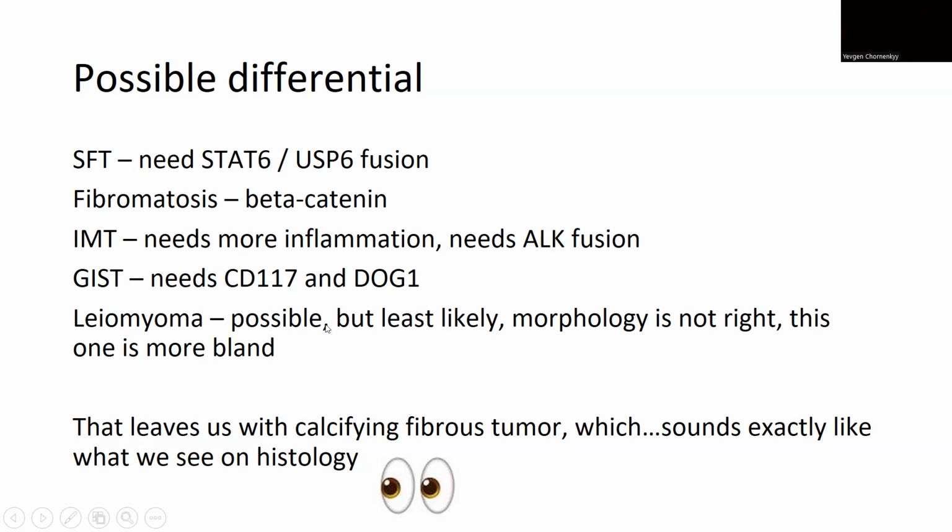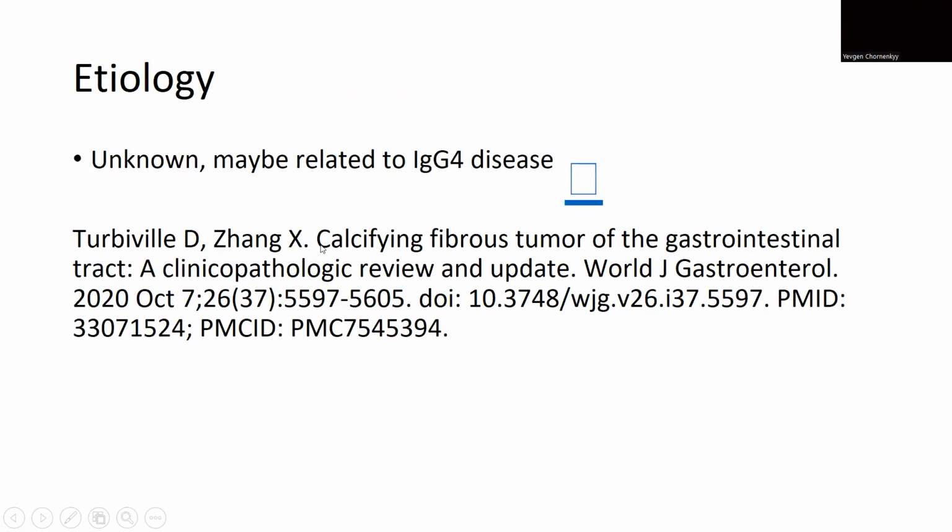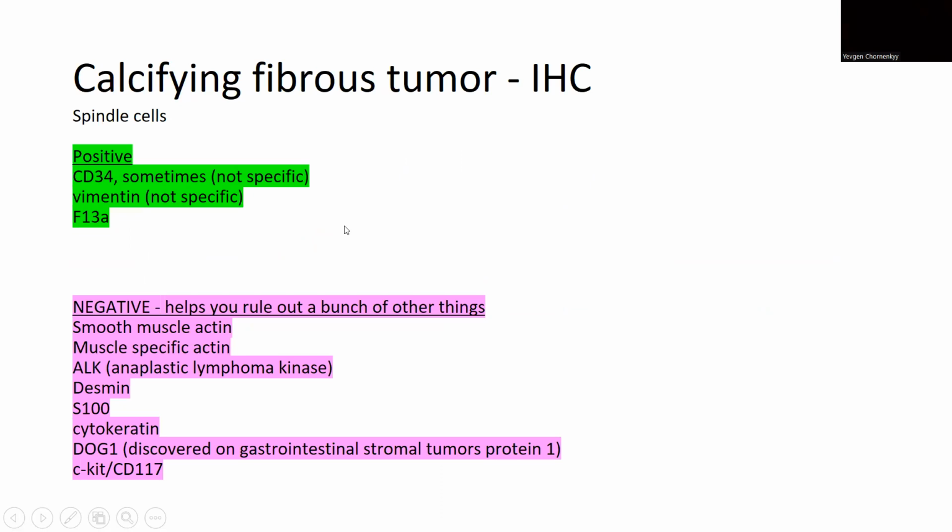Leiomyoma is possible, but it just doesn't look like that. That leaves you with a calcifying fibrous tumor, which sounds exactly like what it should be on histology. It could be related to IgG4 disease, but no, it's not related to IgG4 disease.